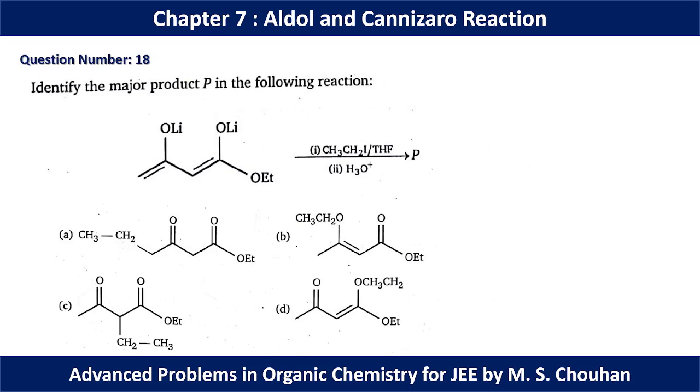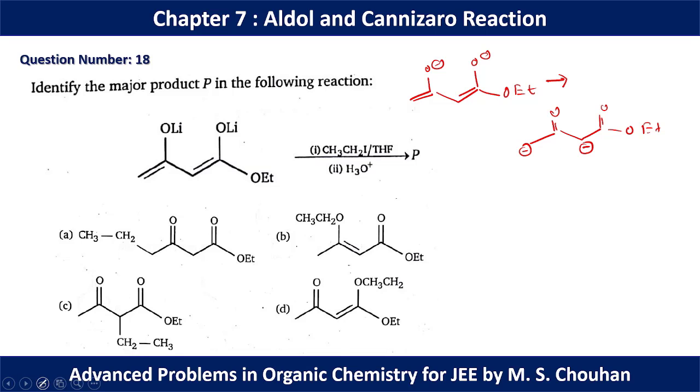In question number 18, identify the major product P in the following reaction. We can start it like this. If we start with this kind of enolate, and if we look at the negative on carbon resonating form, we can have two negative charges.